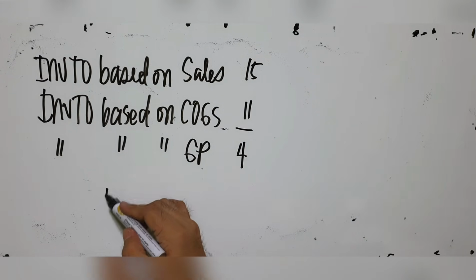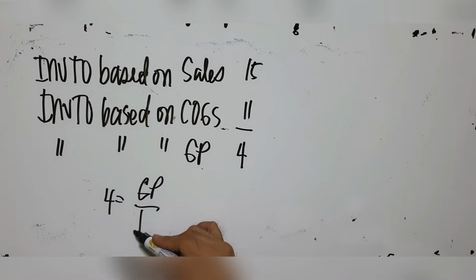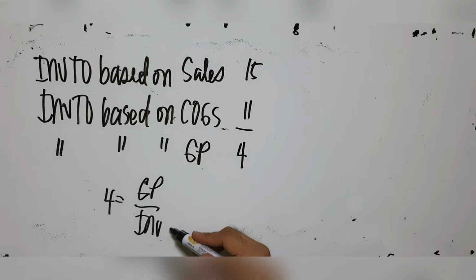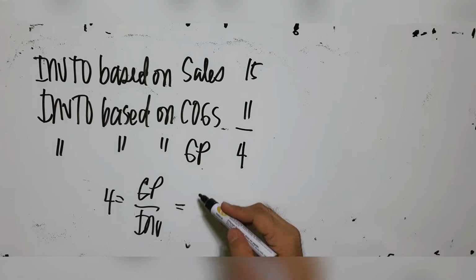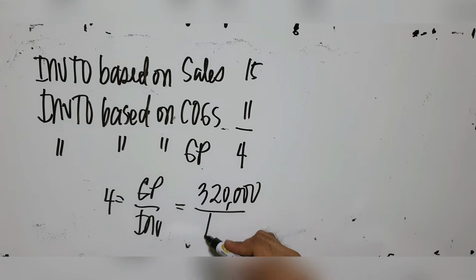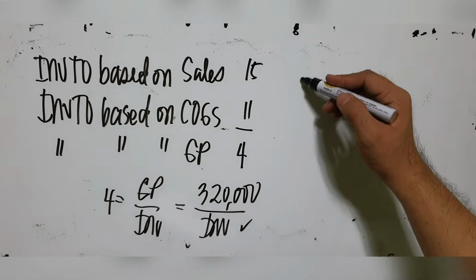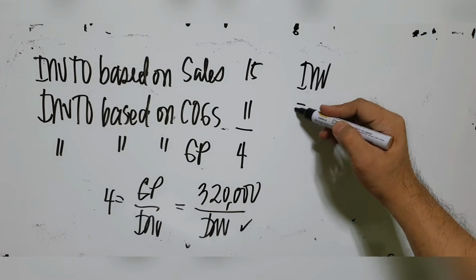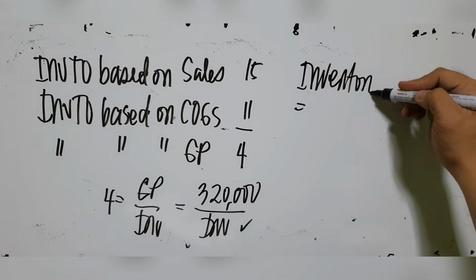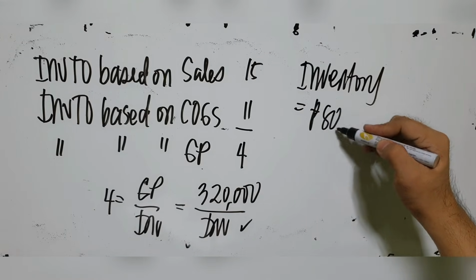So, ibig sabihin, ito palang 4 na yan is equal to your gross profit over your inventory. So, magkano yung gross profit natin? 320,000 over the inventory. So, we can now compute for the balance of inventory. Magkano ang inventory natin? That is, inventory is equal to 320,000 divided by 4, so that is 80,000.